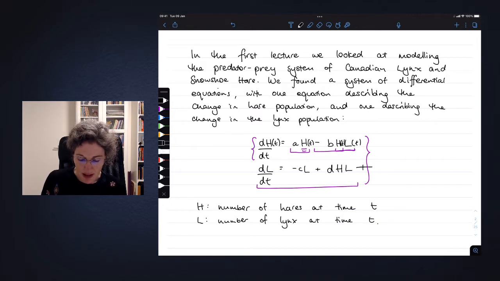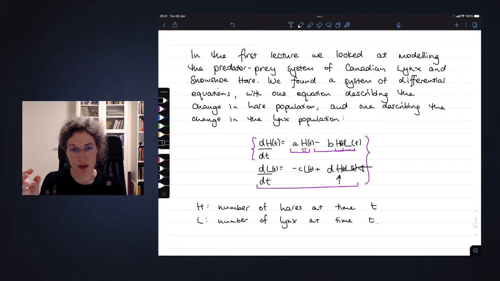And similarly, our equation for our lynxes, so remember each of these is a function of time, also has a factor dependent on the function that governs the hare's behavior. So we have to solve these simultaneously.